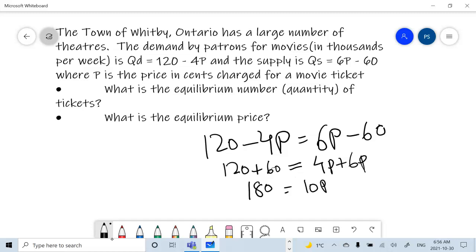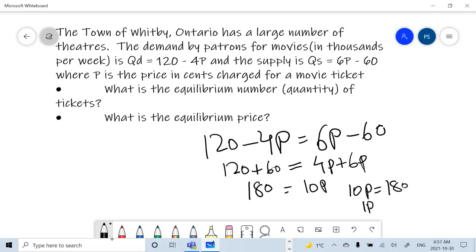I'm just going to rearrange the 10P and the 180, because what I'm used to is having the alphabet and the numbers on the left side and the number on the right side. So you got 10P equals 180.